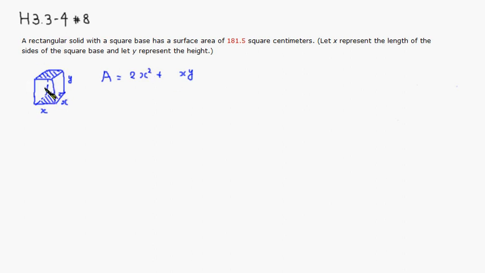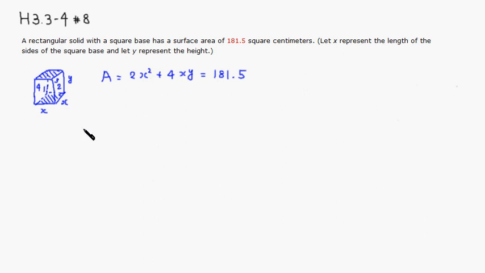You can see that there is one in front, one on the right, one in the back, and one on the left. So there are four side walls, so you multiply by 4, right? So this is fixed at 181.5. Alright, so we have that.